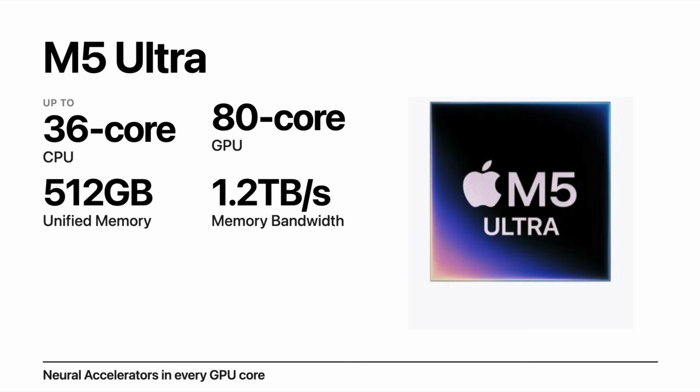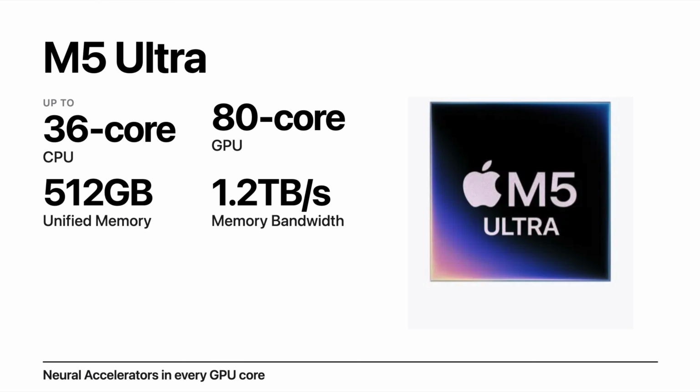But M5 Ultra is where things get really interesting. At the top end, we're getting a 36-core CPU and an 80-core GPU. Apple has used its next generation UltraFusion architecture to connect 4 dies together, creating the first quad die Apple Silicon design. And then there's memory.